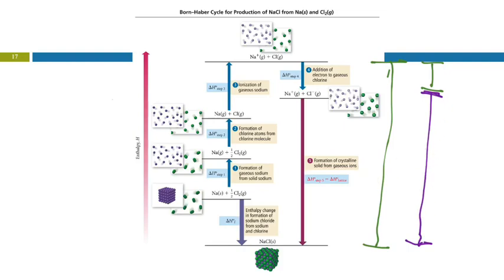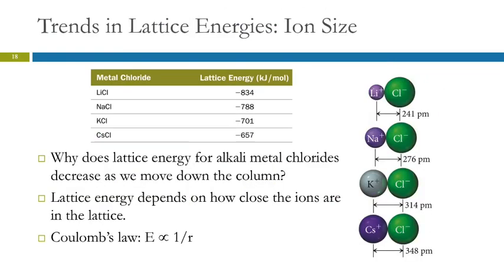Right? That's what we're doing here. It just looks a lot more complicated over there. We're looking at the individual steps of taking the normal reactants and making them into ions in the gas state. And we can look up all these individual steps. Any questions? Clear as mud, right?